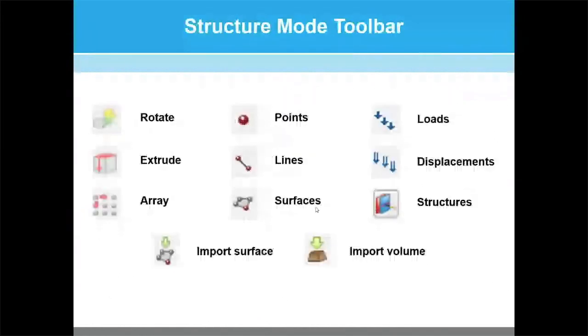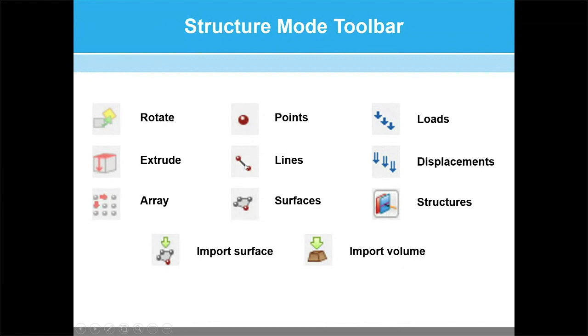Basically Plaxis has five modes: soil mode, structure mode, mesh mode, flow mode, and construction sequence mode. In the soil mode, like 2D, we have the borehole profile. We create a borehole, and we can create different layers. But in structure mode, we have a lot of options.